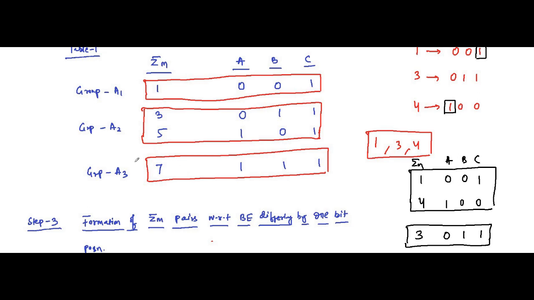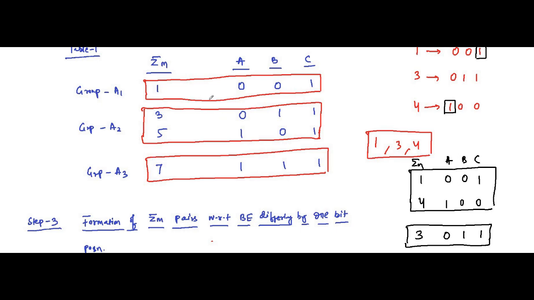Minterm pairs can only be formed between minterms of adjacent groups.